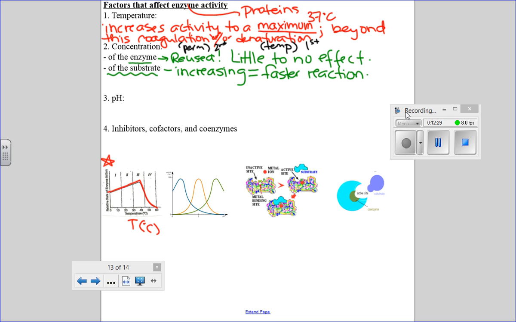Now the third thing on the list is pH. And pH is very similar to temperature, in that there's a maximum, there's an optimum pH that each enzyme works at.